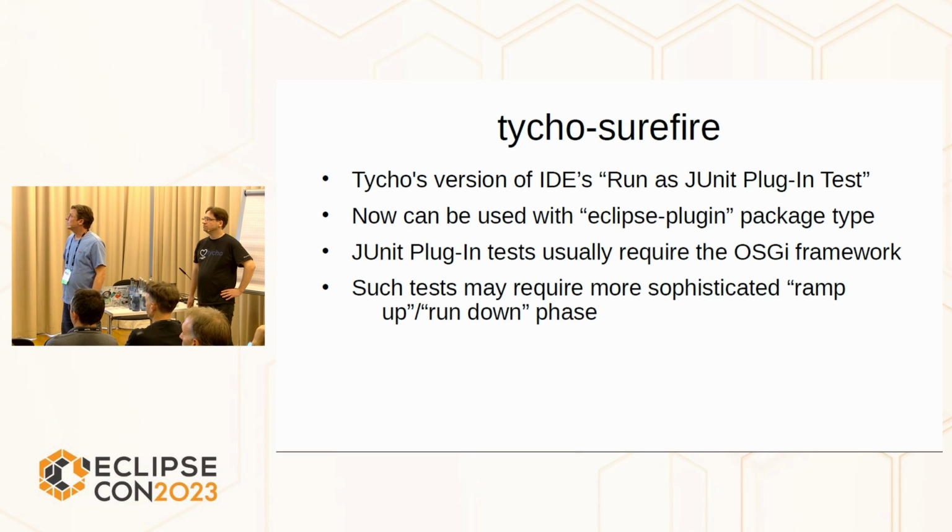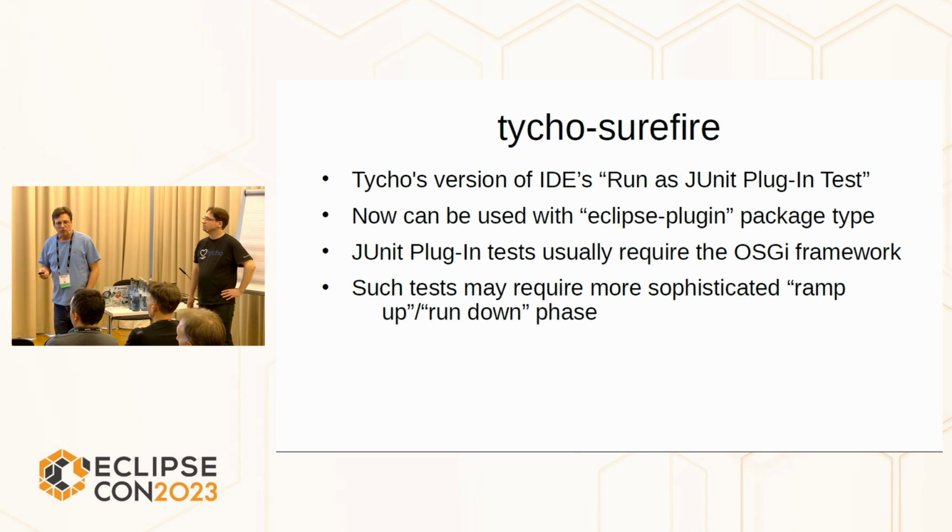And what's new is you don't have to use the package directive to say eclipse-test-plugin in order to be able to use this Tycho Surefire plugin. You do not have to use fragments. I mean, you still can if you want to, whatever floats your boat, but you can now also use it in the Eclipse plugin context. So this reduces limits, I'd say.